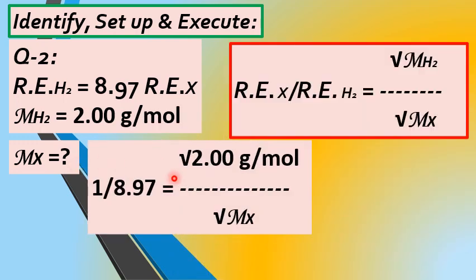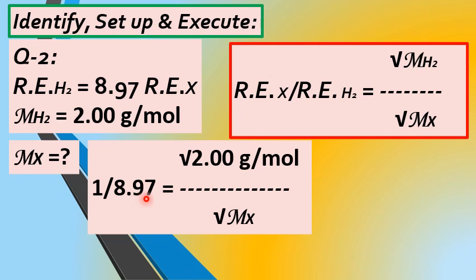Again, based on Graham's law of effusion equation, the ratio of the rate of effusion of the unknown gas to that of hydrogen gas is 1:8.97.